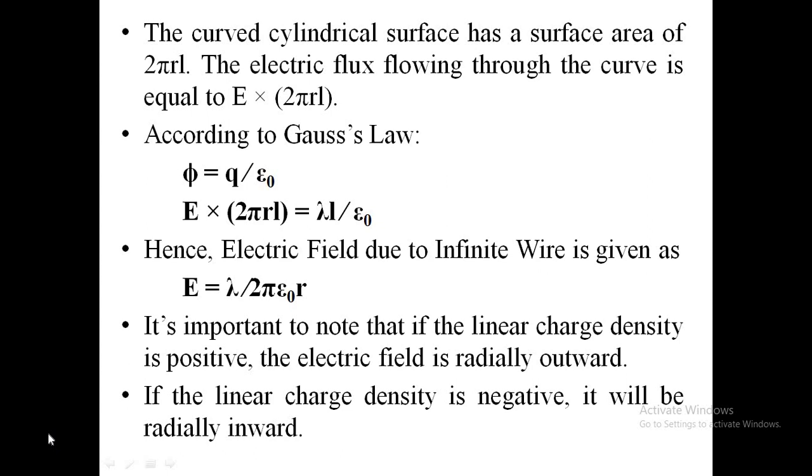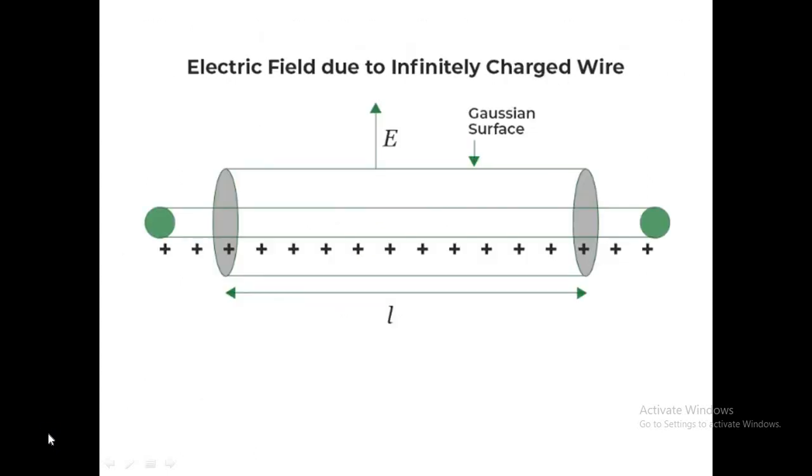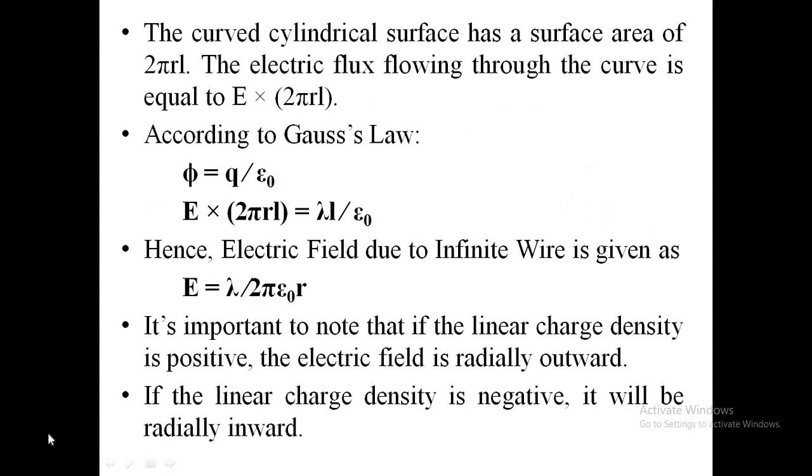The curved cylindrical surface has a surface area of 2 pi r L, and the electric flux flowing through the curve is given as E into 2 pi r L. According to Gauss Law, the flux is given as Q by epsilon naught, that is, E into 2 pi r L is equal to lambda L divided by epsilon naught.